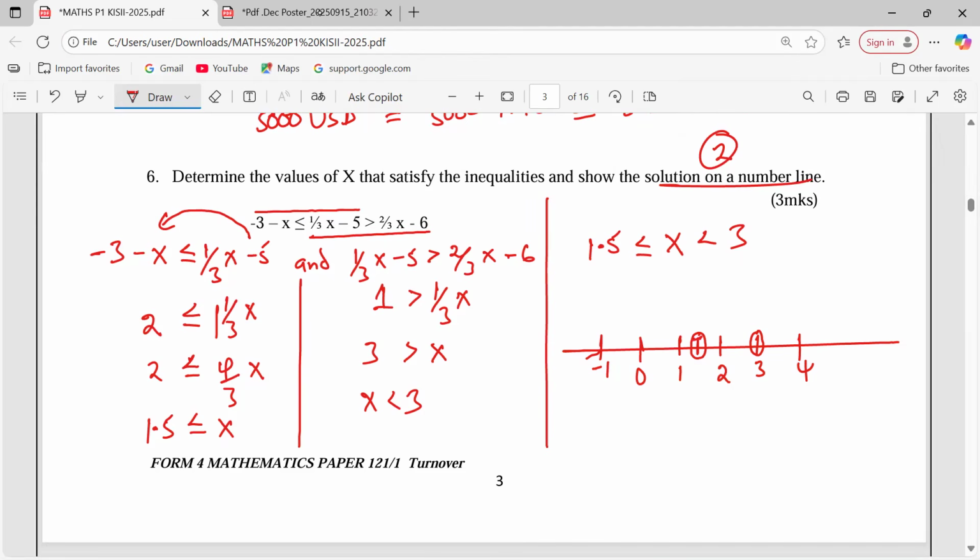Because 1.5 is inclusive, we shade that circle there. Then we can now show like that. So that is the representation on a number line.